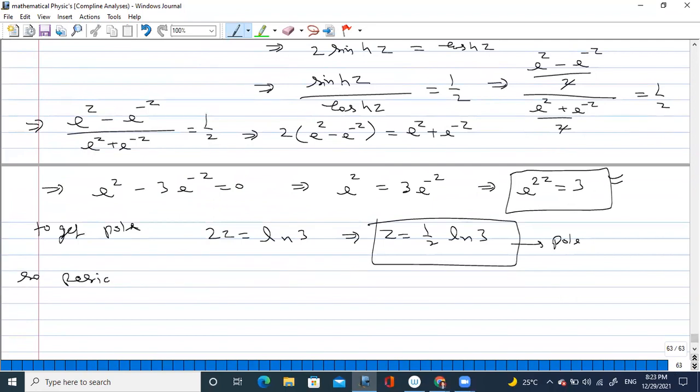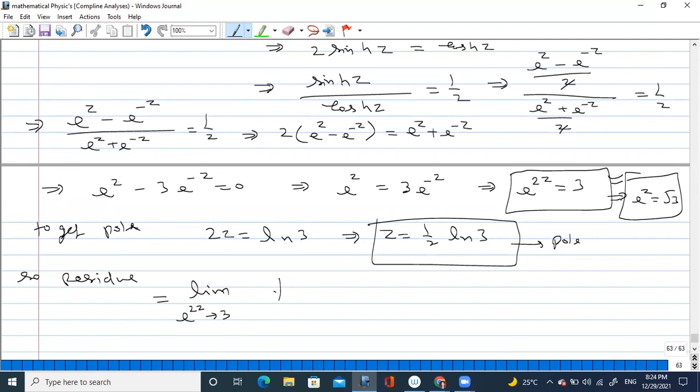So residue will be limit, because my question will be converted in terms of exponential term. So exponential value only I will use: e to the power 2z equal to 3. Or if you want e to the power z, that will be root 3. Whatever you need you can use.